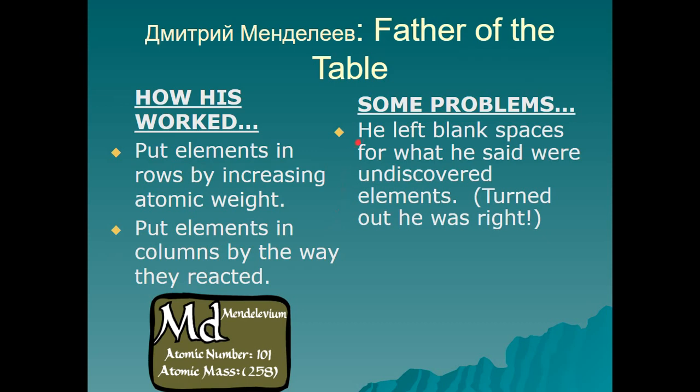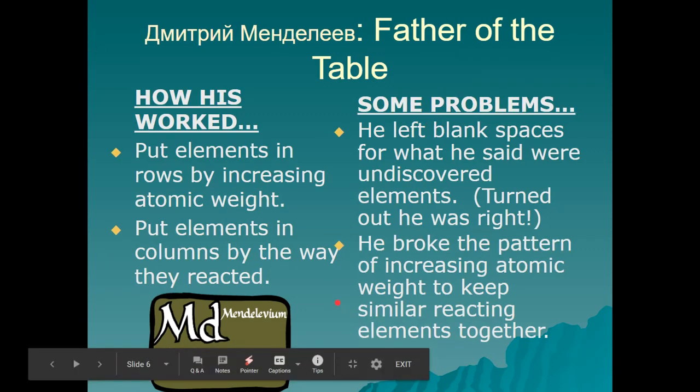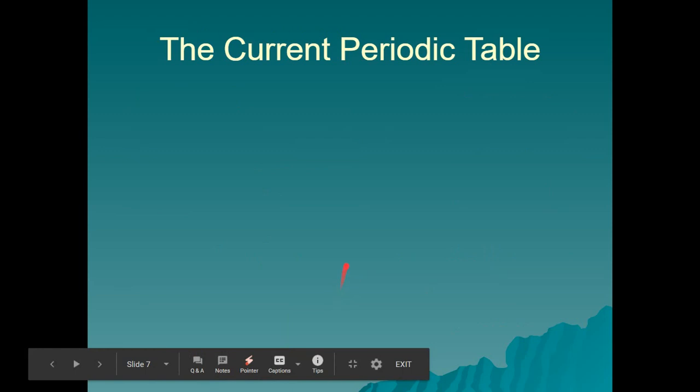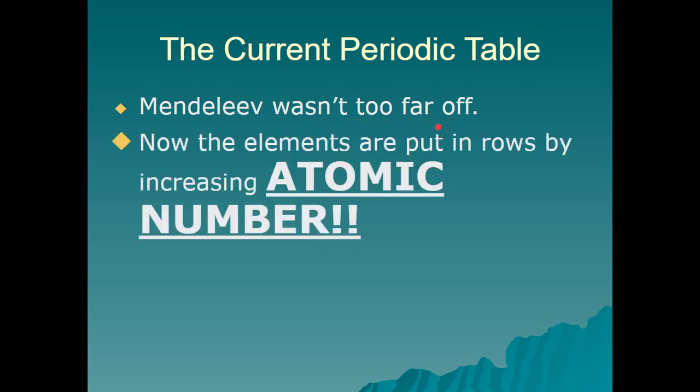Some problems: he left blank spaces for what he said were undiscovered elements. Turned out he was right. He broke the pattern for increasing atomic weight to keep similar reacting elements together. The current periodic table. So Mendeleev was not too far off.